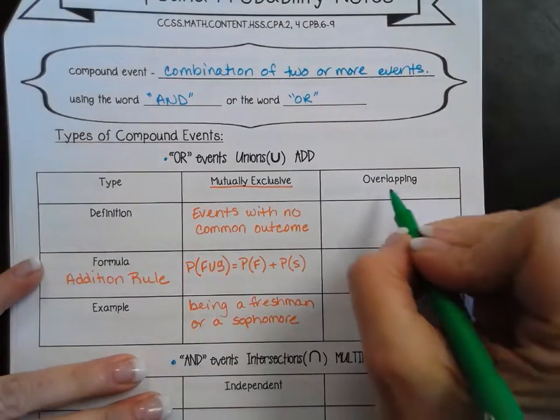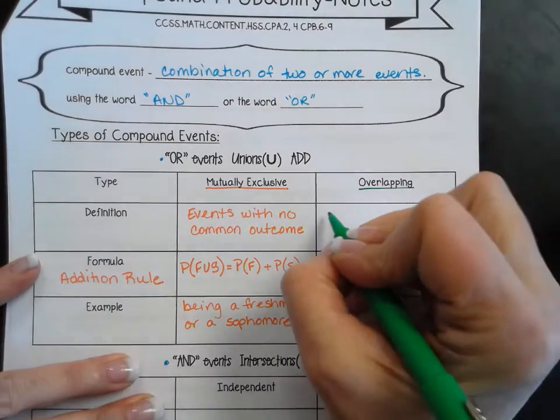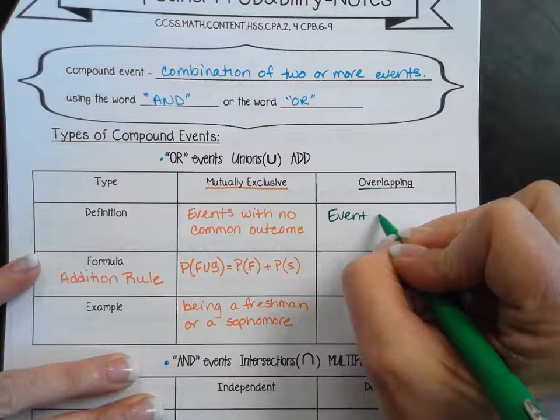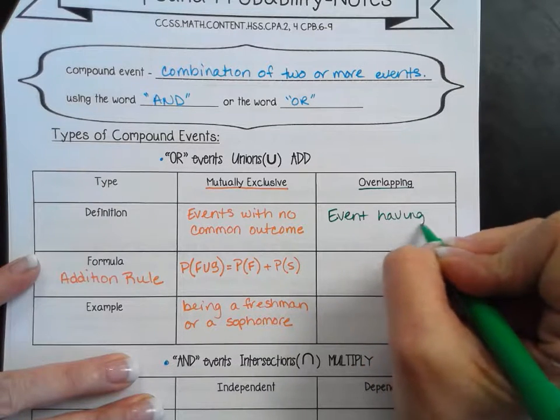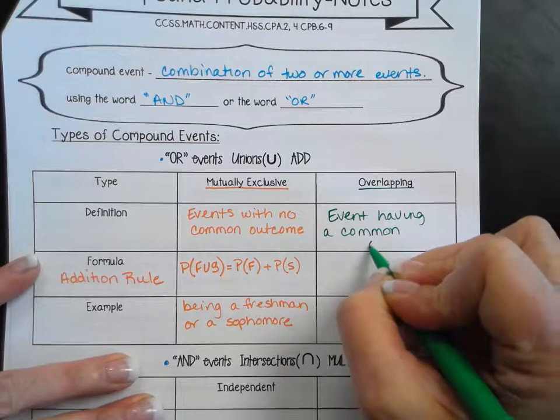Okay. If they are overlapping, that is an event that has a common outcome.